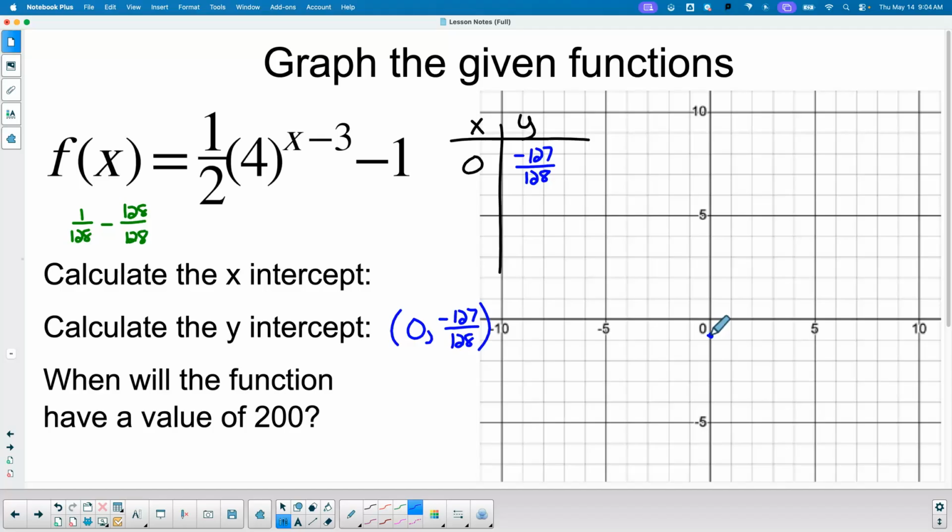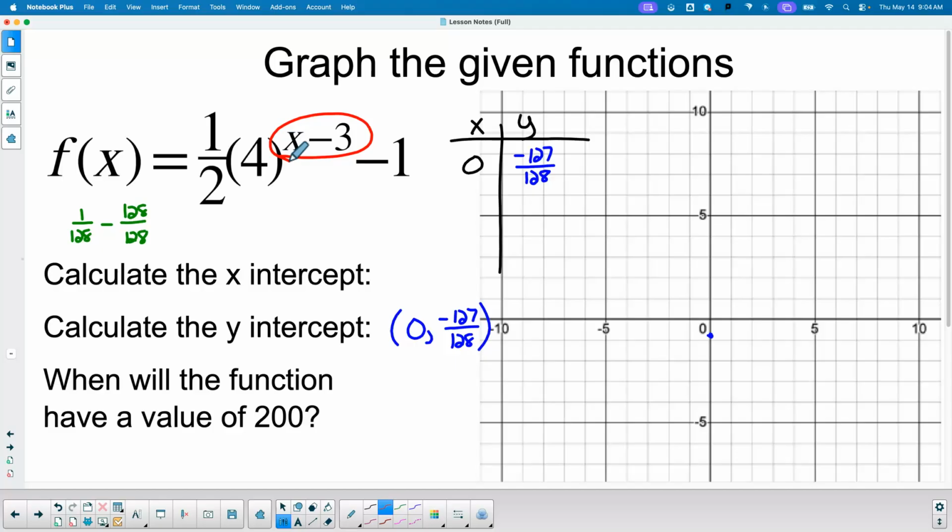We'll get to the x-intercept later, but let's make this easier on ourselves. If I was graphing this one and I wasn't asked for the intercepts, the first thing I would do is figure out x values for my exponent to be 0 and to be 1, because those are the easy ones.